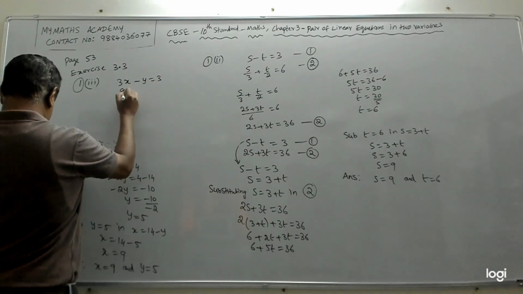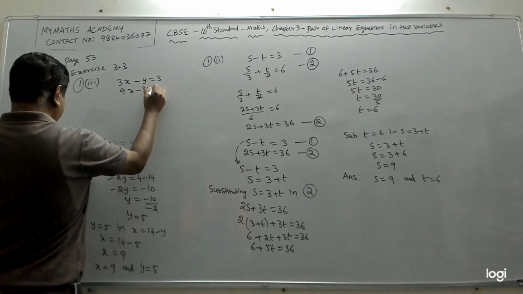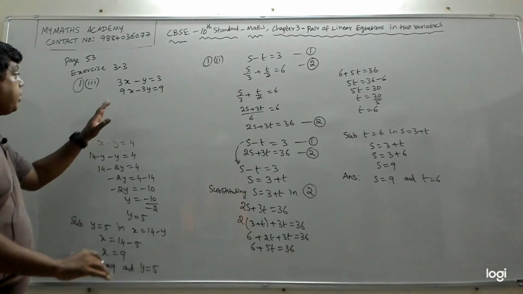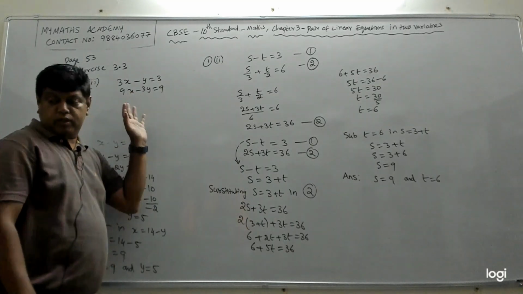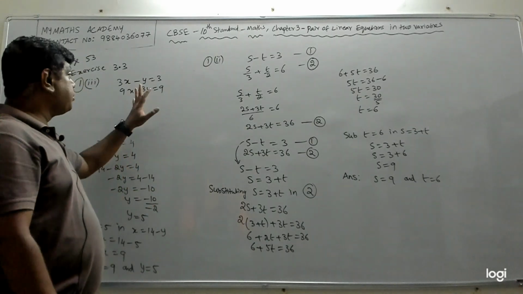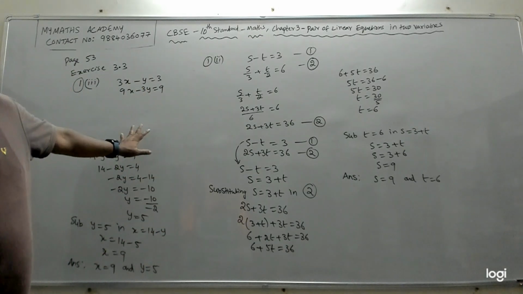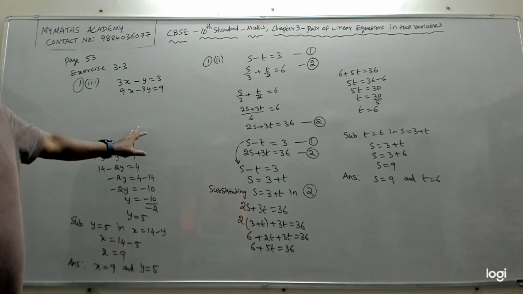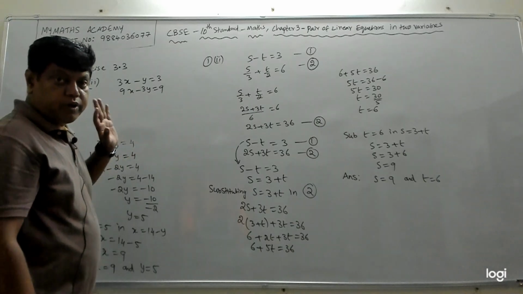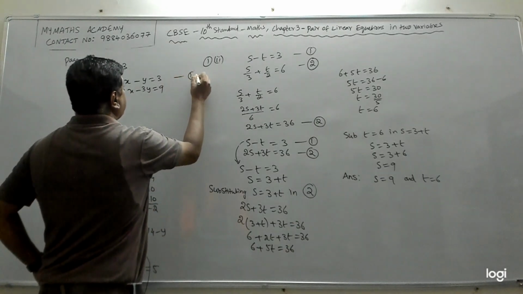Then 9x minus 3y equal to 9. I think this is what my book says. In case there is an error, it could be a typo or a printing mistake in the book. So this is what is given in my book. 3x minus y equal to 3. 9x minus 3y equal to 9. Hope this is what is given in your textbook too. Just check it. So 1 and 2.